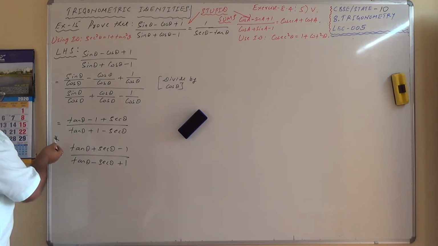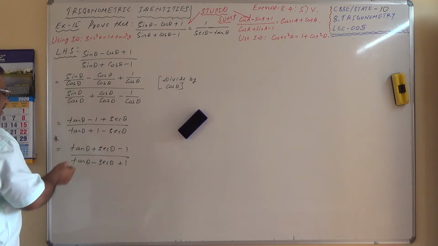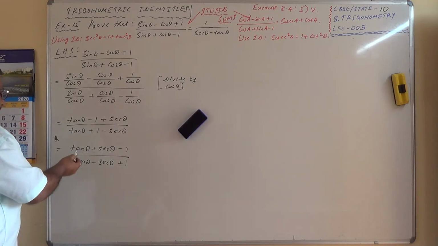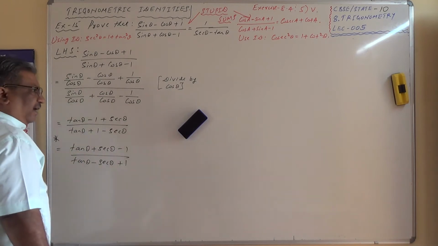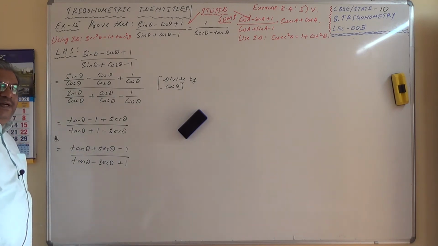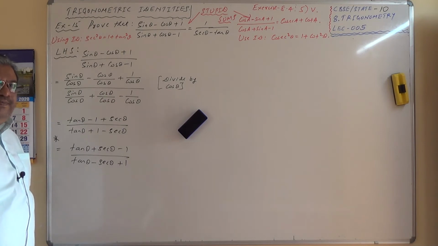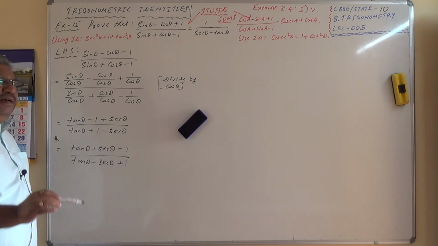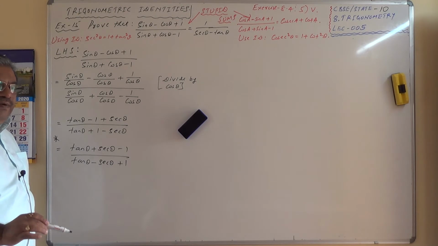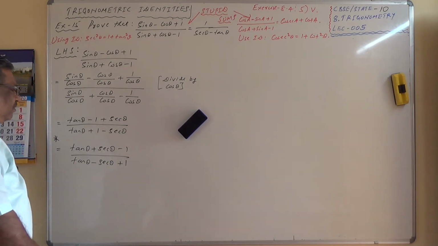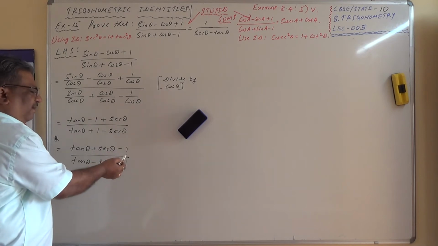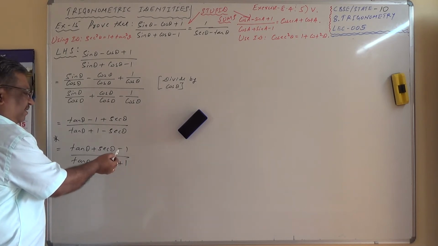Why am I saying this step is critical? From this step onwards, I am changing only the numerator part. The denominator part I am not changing. Only the numerator part I am changing. That also, this minus 1 is there, I'll retain the minus as it is.